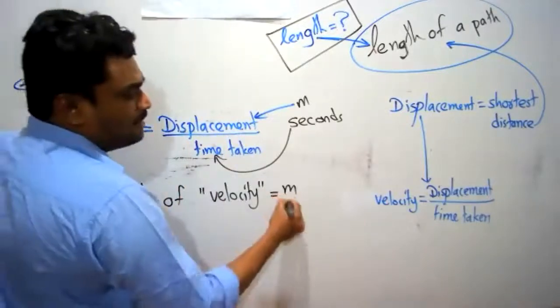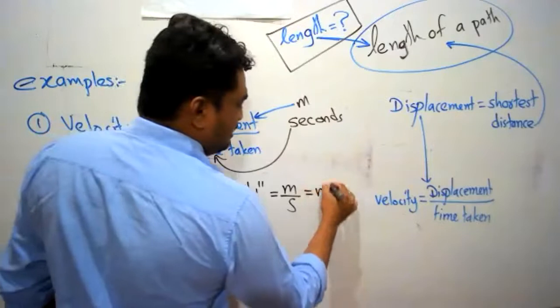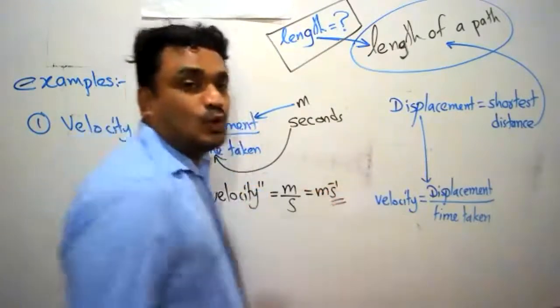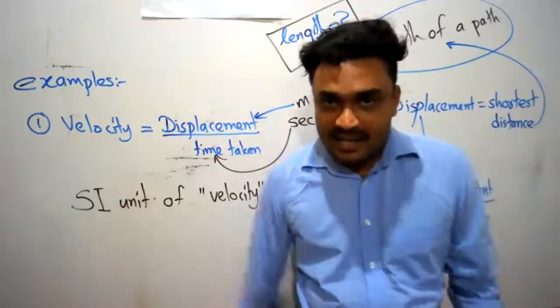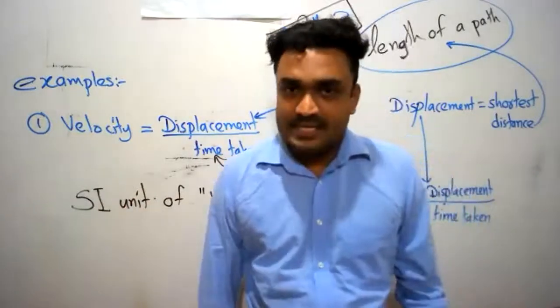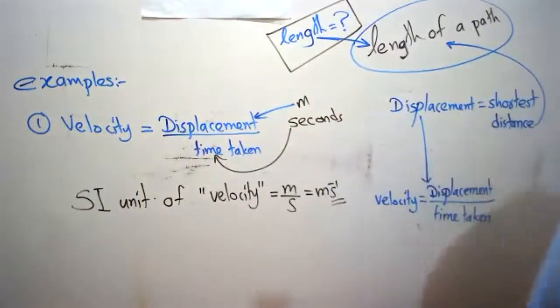Displacement, meter, divided by time taken, seconds. This s comes up with a minus sign, m s to the power minus 1. So the SI unit of velocity is meter per second. Write it there, and you are going to see the next beauty within the next 10 minutes. Write them there, quick.